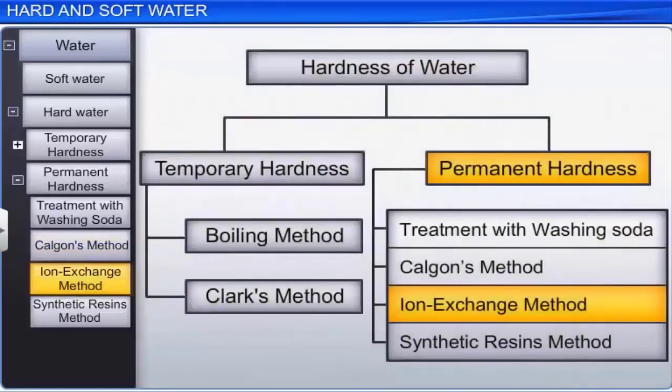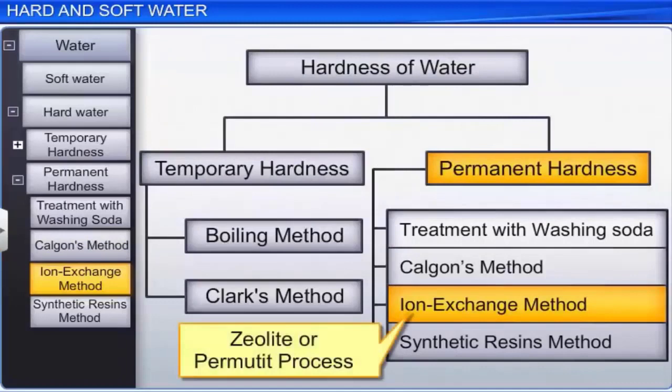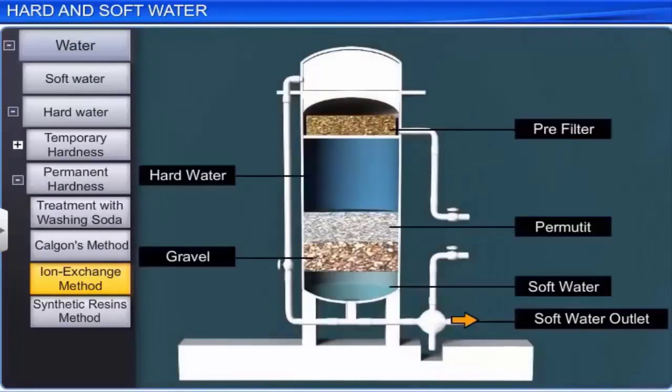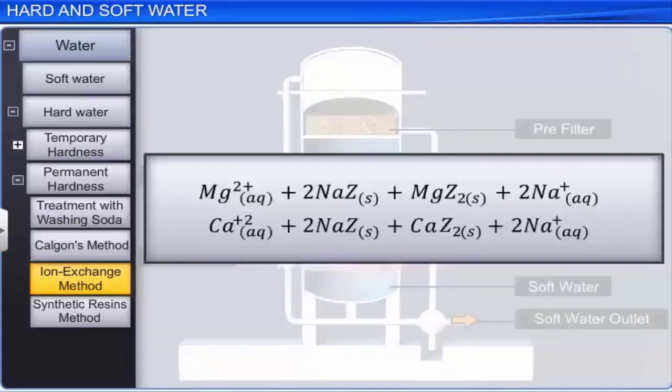In the ion exchange method, also called the zeolite or permutit process, hydrated sodium aluminium silicate or zeolite, when added to hard water, exchanges cations such as magnesium and calcium ions for sodium ions.